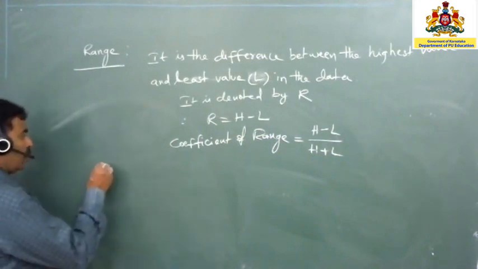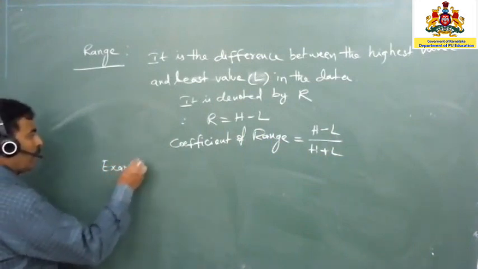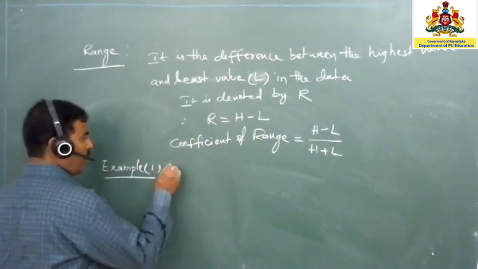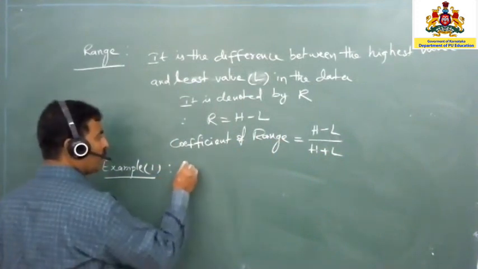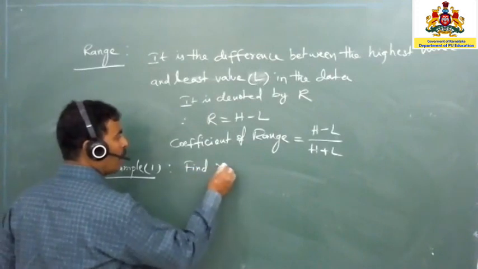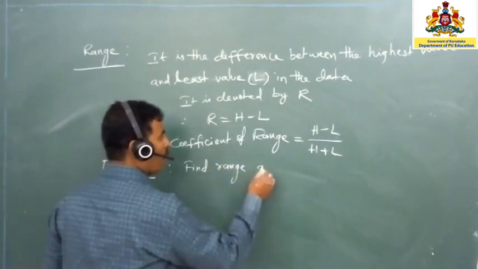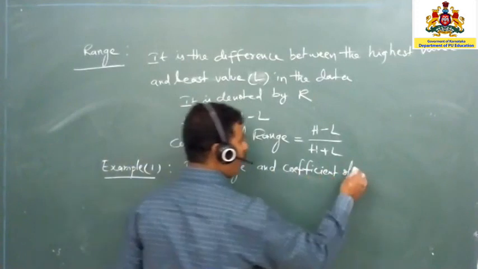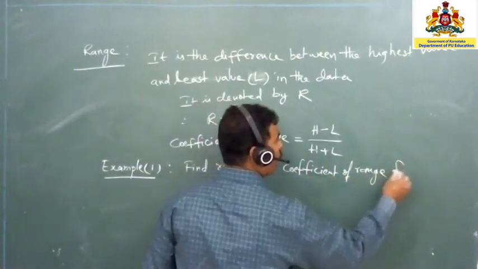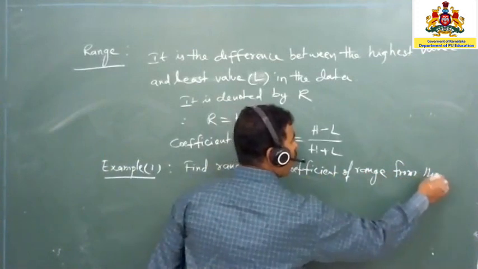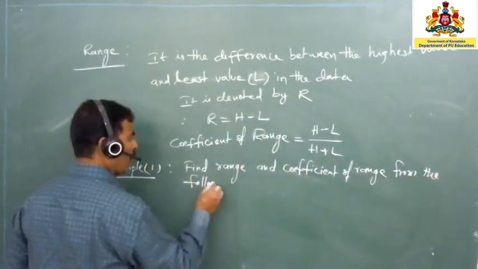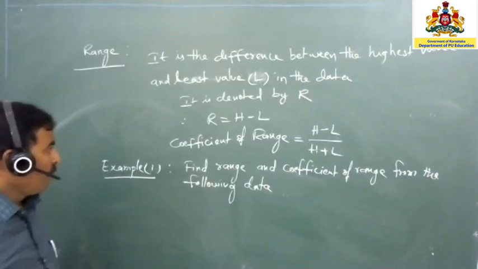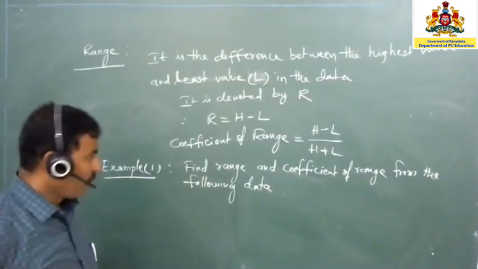Example 1. For example, a sum will be given like this: find range and coefficient of range from the following data.